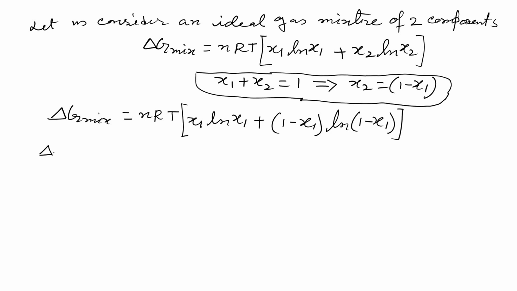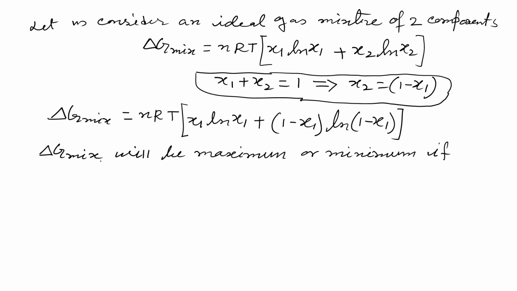So delta G mixing will be maximum or minimum if the first derivative is 0. Okay.